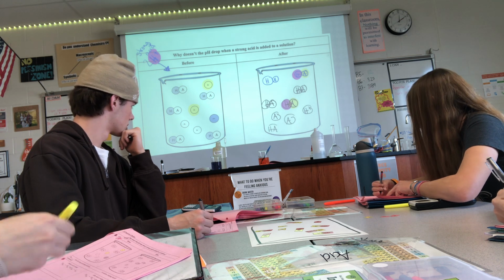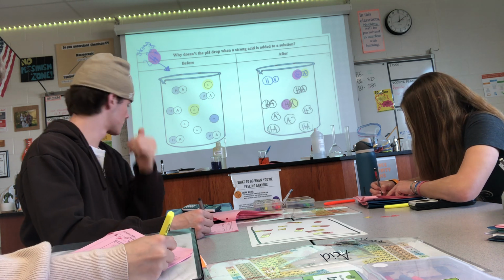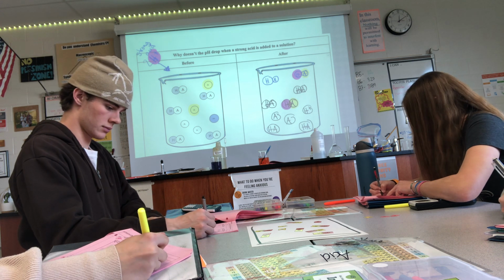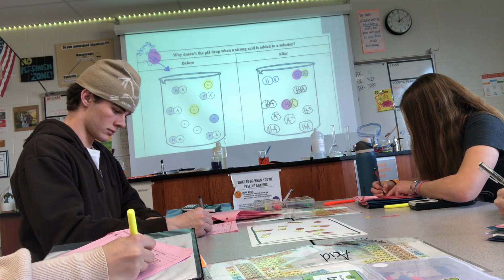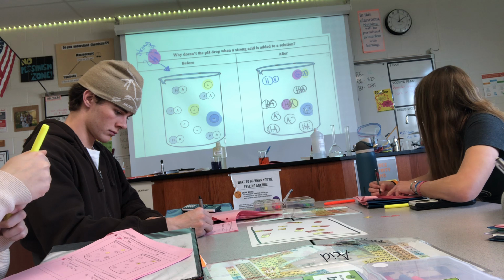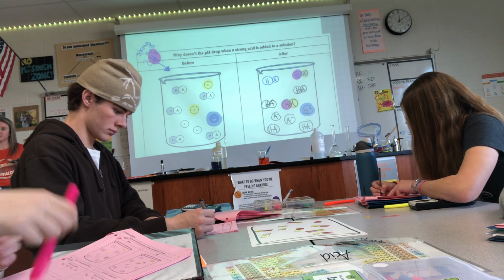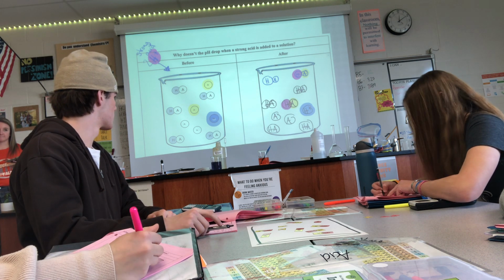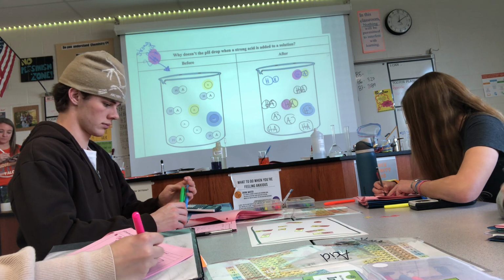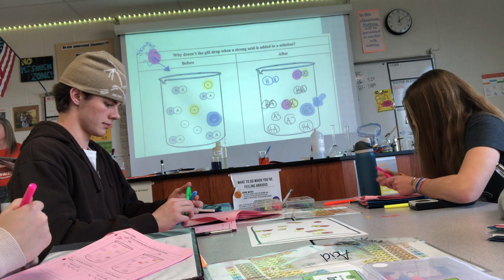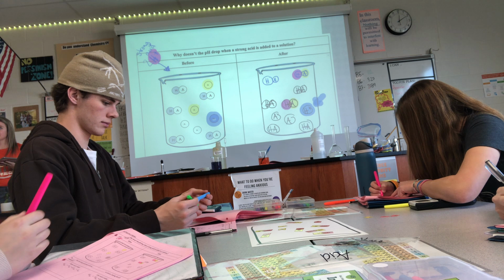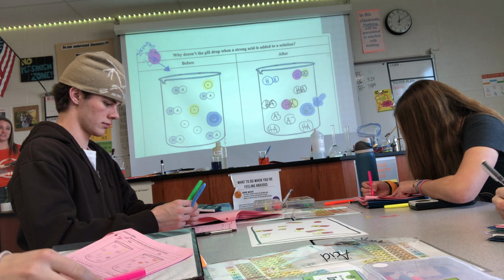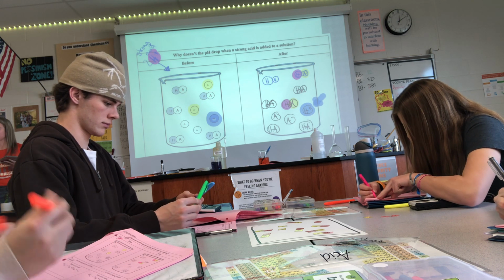But since the amount of H plus by itself is the same, one here, still one there, is the pH changing? No, because this H plus is what measures pH. And so if there's not more of it floating by itself, then the pH should not go up, or down, I guess I should say in this case.